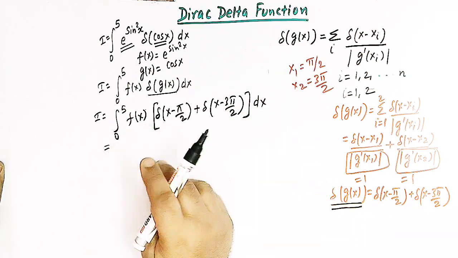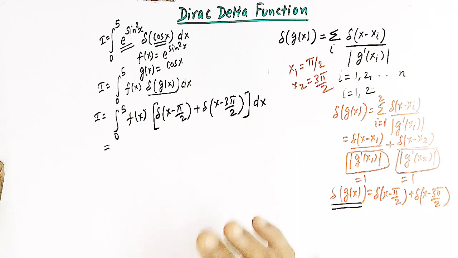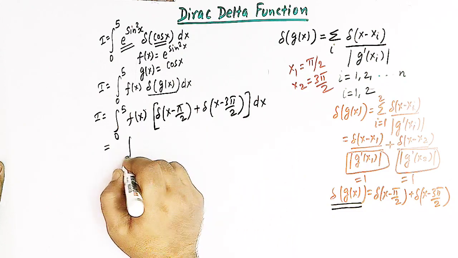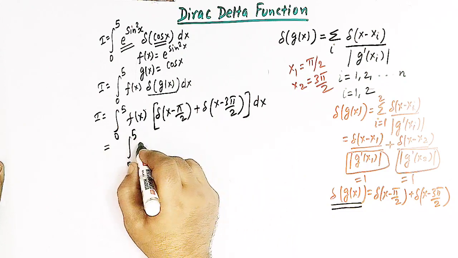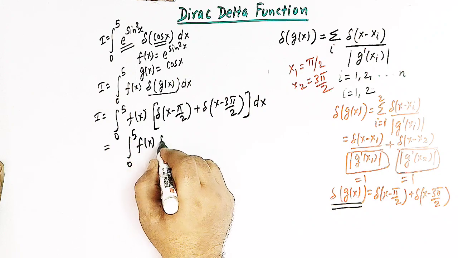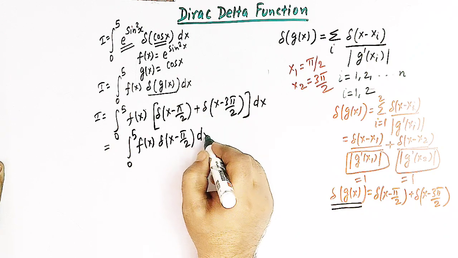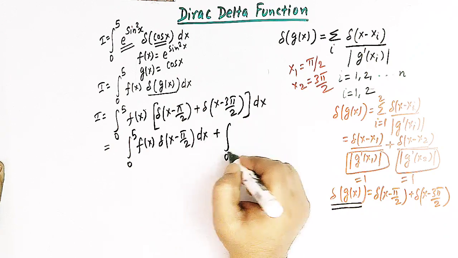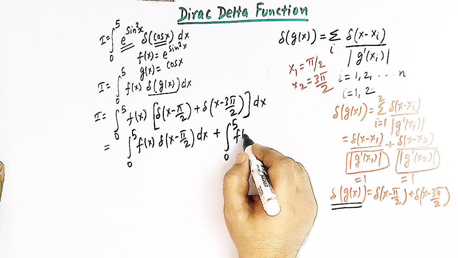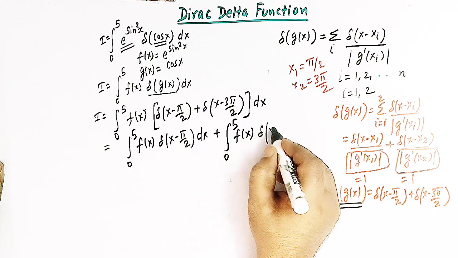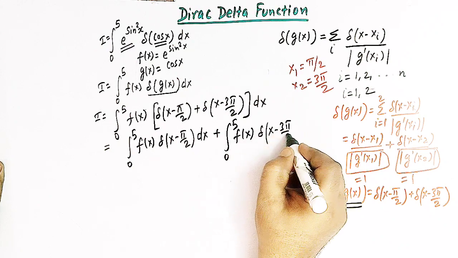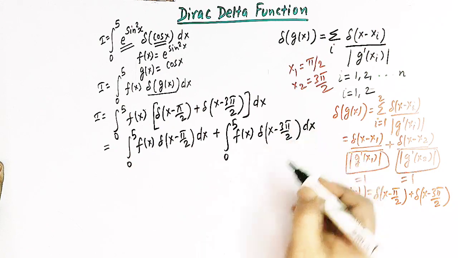Now we can write this integral as a sum of two integrals. The first one is 0 to pi f of x delta of x minus pi by 2 dx, and then we have 0 to pi f of x delta of x minus 3 pi by 2 dx.